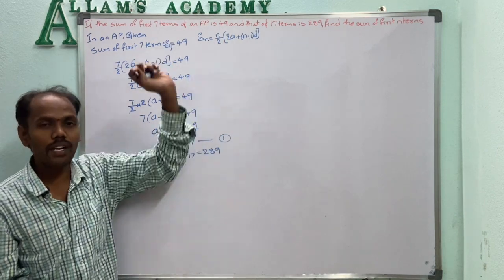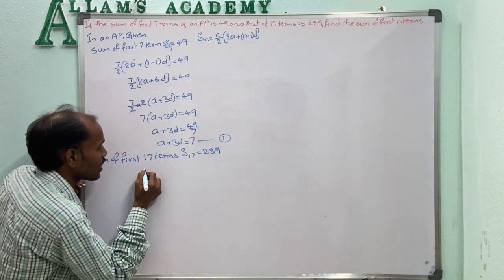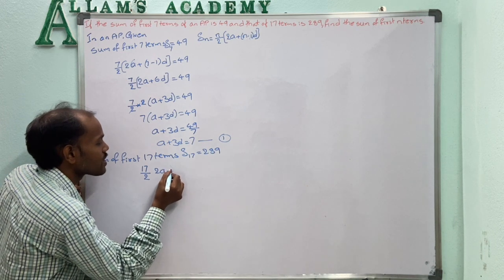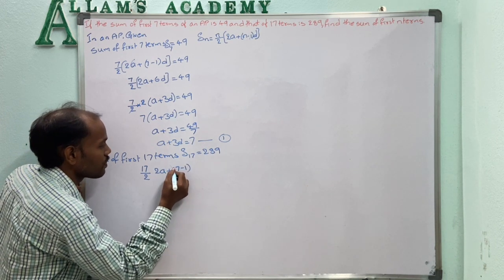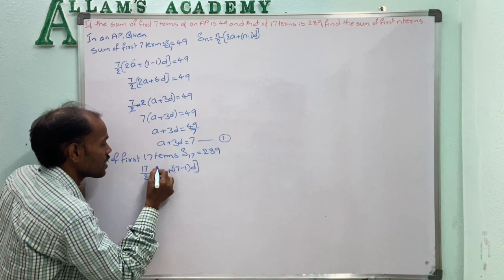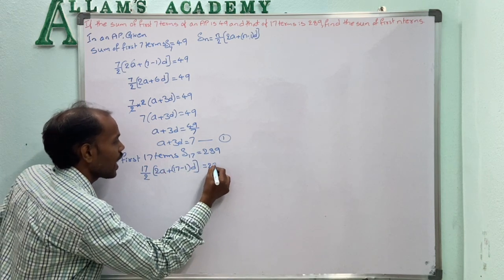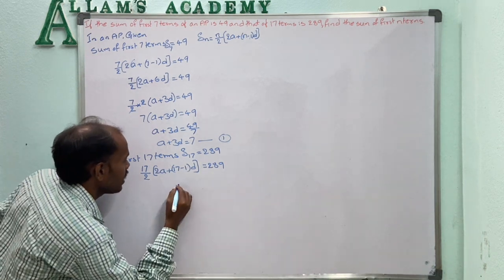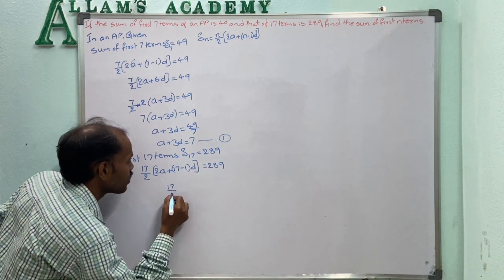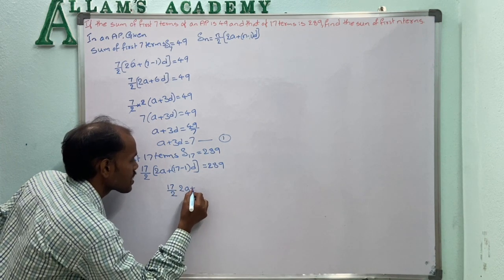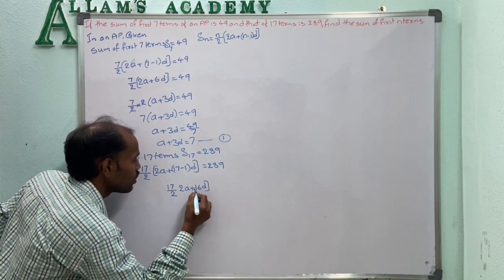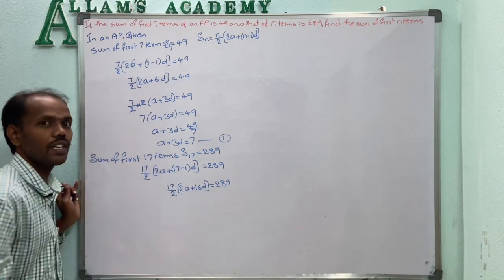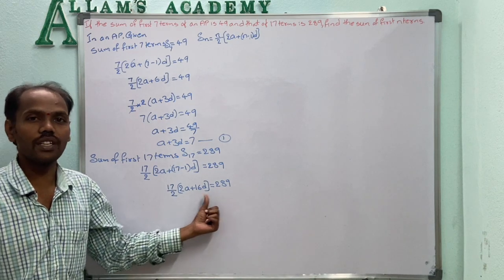Now in this principle, again if we substitute, that is n by 2, 17 by 2 into 2a plus n minus 1, 17 minus 1 into d is equal to 289. Now 17 minus 1 is equal to 16. So 17 by 2 into 2a plus 16d is equal to 289. Now 2a can be written as 2 into a, 16d can be written as 2 into 8d.